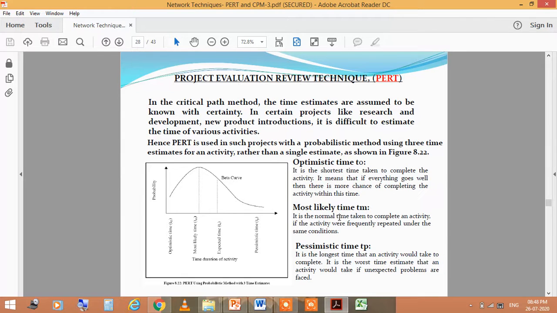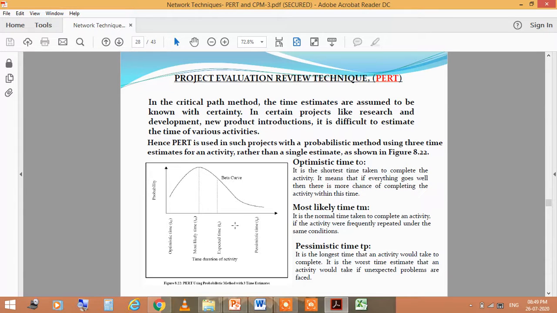In the three time estimates, the optimistic time, TO, means the shortest time taken to complete the activity, if everything goes well. There is no chance of completing the activity within less than this time.